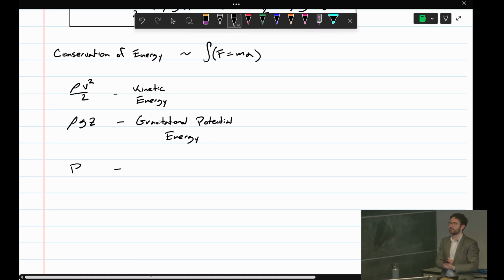Maybe a more traditional one is just converting between kinetic and gravitational potential energy. But you can think of P as an additional source of potential energy that the flow can carry with it. It's like when you launch your point mass and you're trying to compute the maximum height, if your point mass can somehow power itself, that's kind of what P is. It's an additional way to draw kinetic energy.